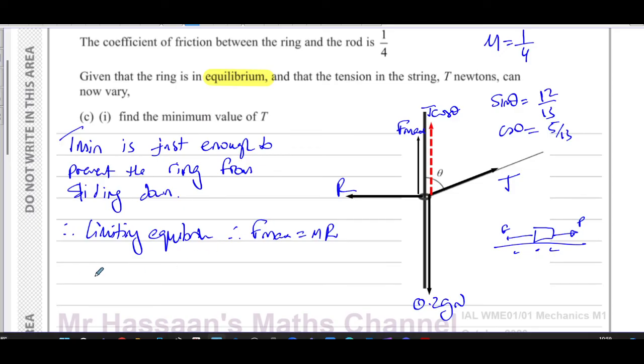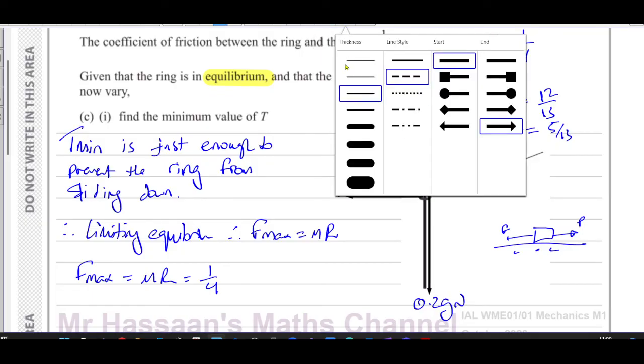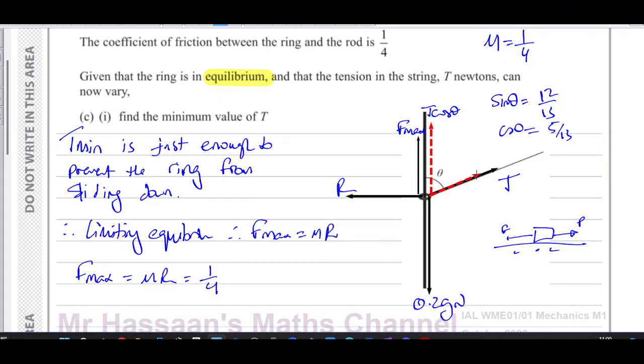Okay, so we need to find what F max is. That's one of the keys to this. F max is equal to mu times R. Now mu is equal to a quarter, and R we have to find by resolving this force in the other direction, in this direction over here. So we take the T, and it's going away from the angle.